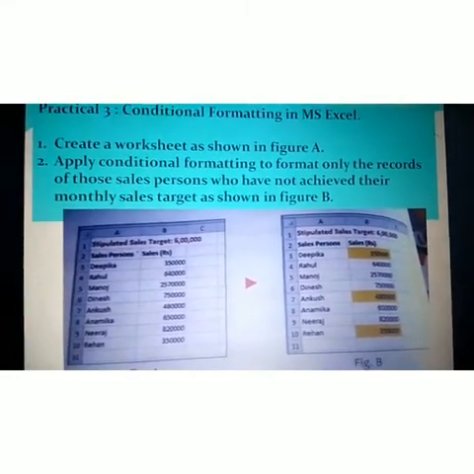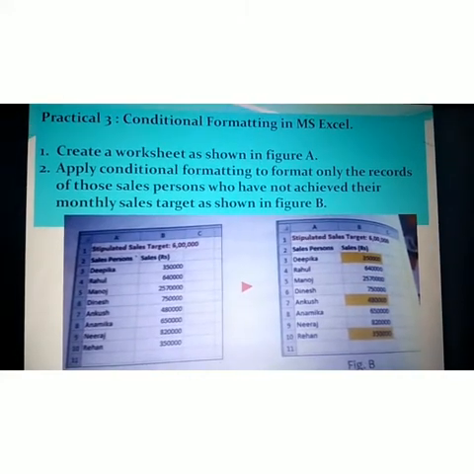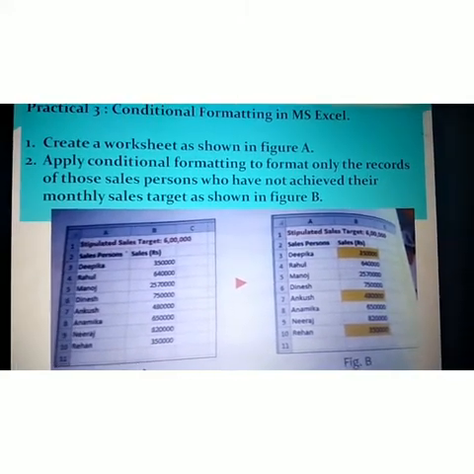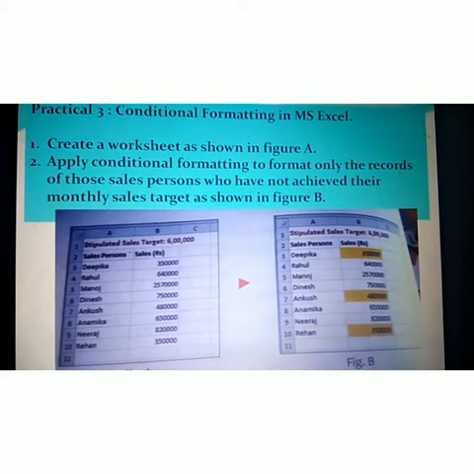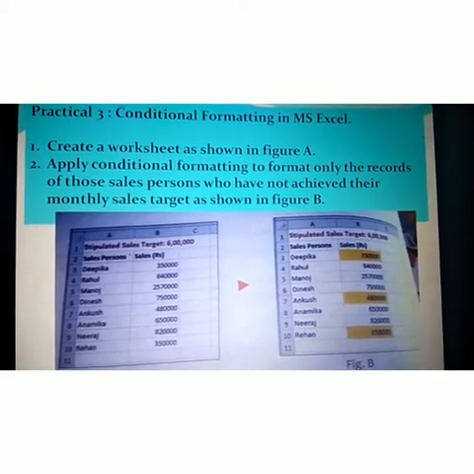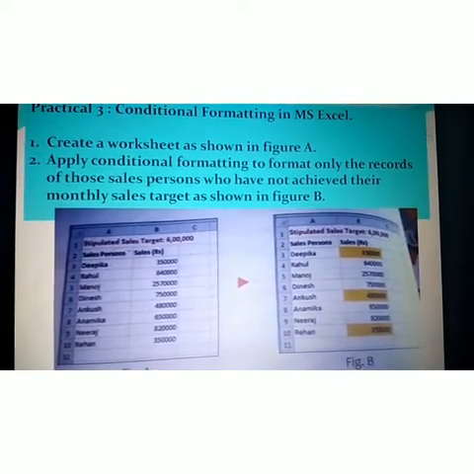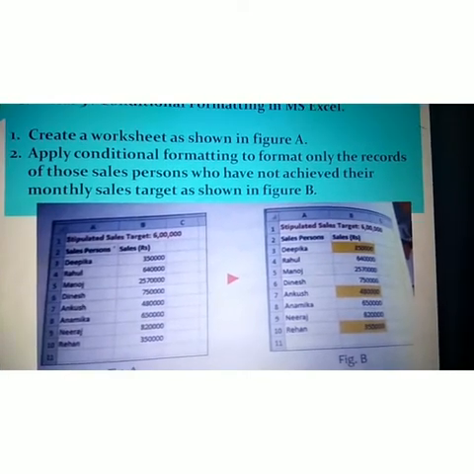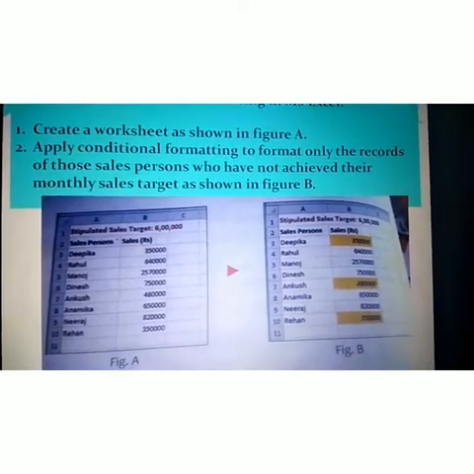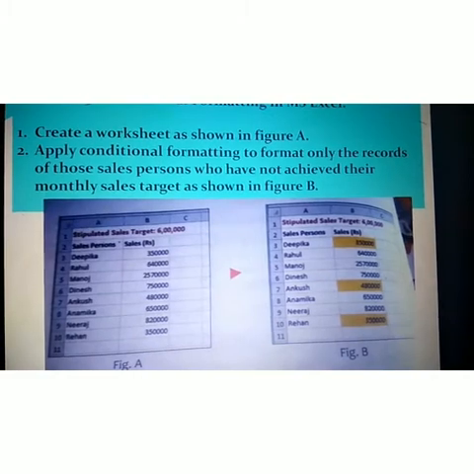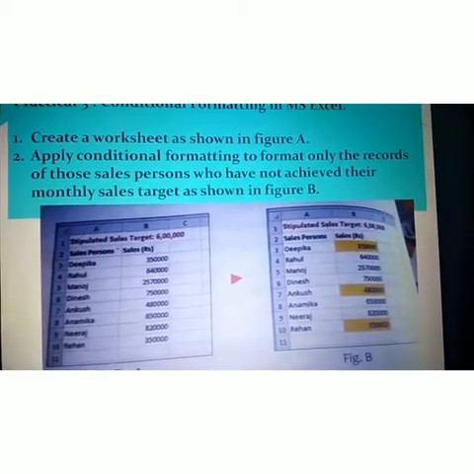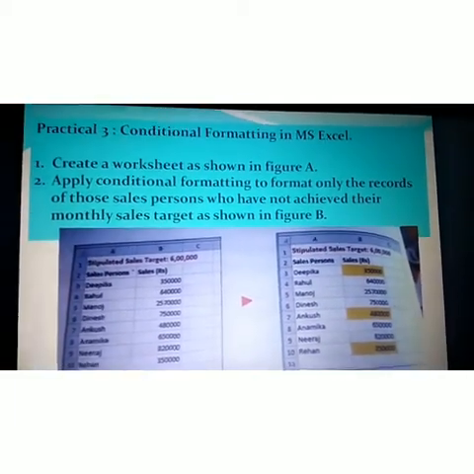We can maintain this type of practical and table. You can enter the stipulated sales target of 6 lakh. Then salesperson and sales: enter all the names of persons and enter the sales, and after that we compare this table and mark it properly.